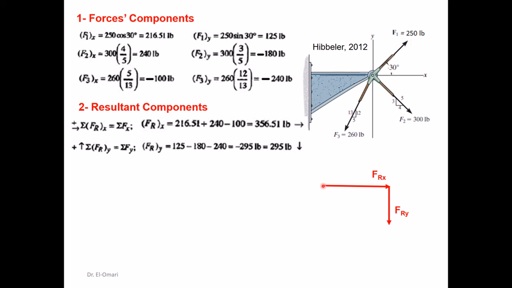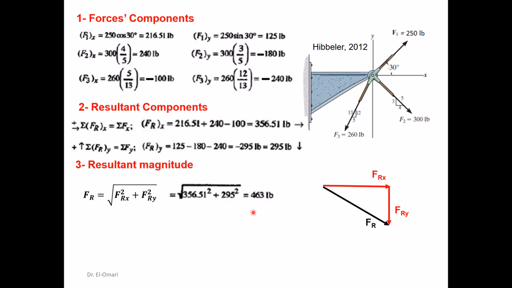It is important to draw this triangle because it shows you where the angle is. So connecting the tail of FRx to the tip of FRy, this is the resultant force direction. Following is to find the magnitude. So using these two values, we can just find it with the Pythagorean theorem and find the resultant force.